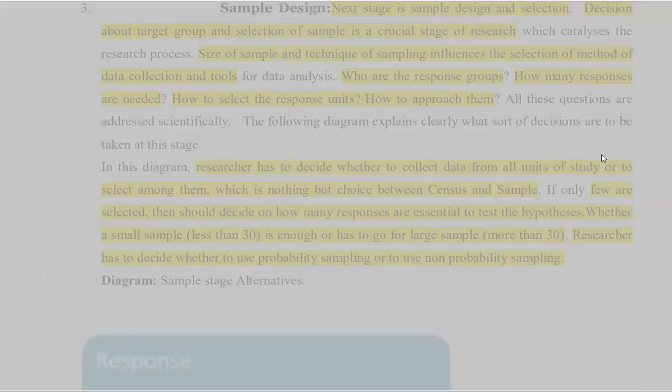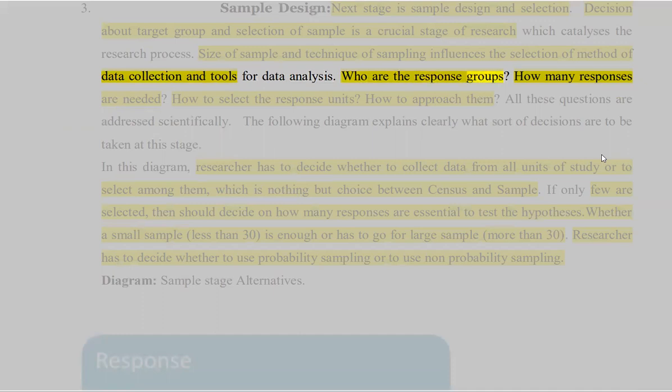3. Sample design. The next stage is sample design and selection. The decision about the target group and selection of sample is a crucial stage of research which catalyzes the research process. The size of the sample and the technique of sampling influence the selection of the method of data collection and tools for data analysis.